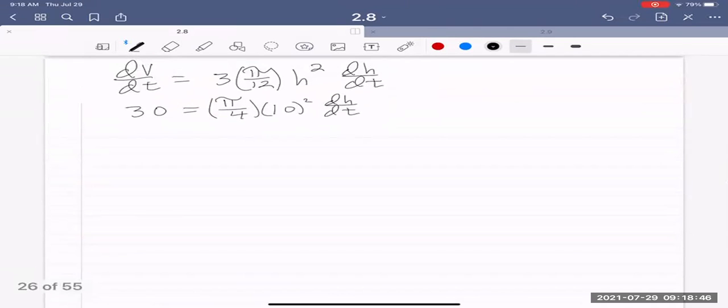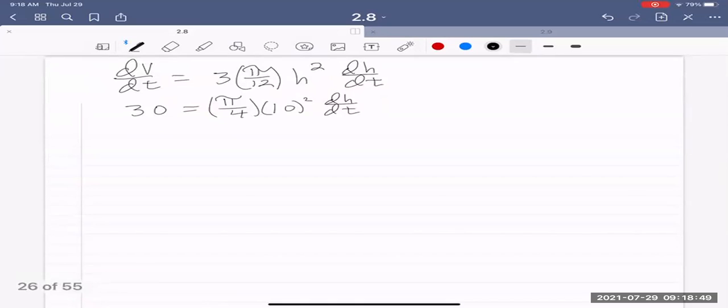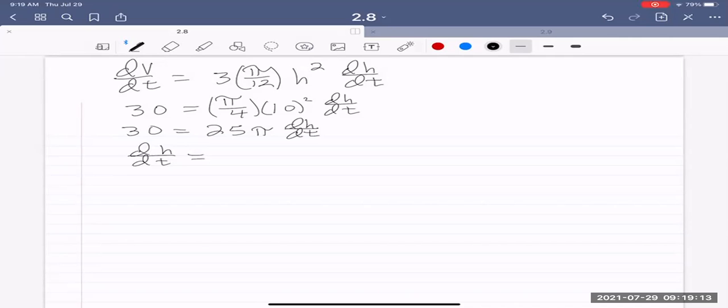So let me simplify this. I have 100 divided by 4 is 25. Divide both sides of your equation by 25. And so dh/dt, 30 divided by 25 is the same as 6/5, so this is 6/5 pi feet per minute.